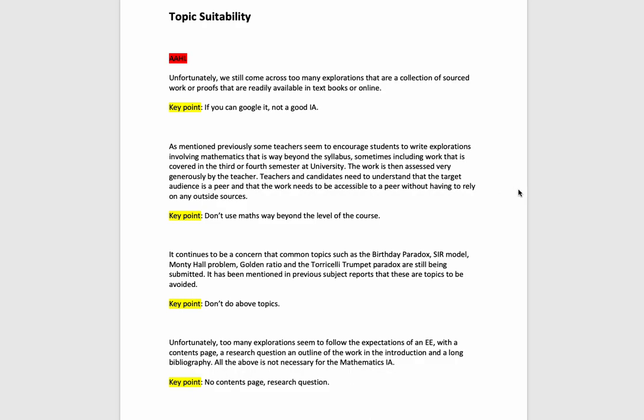Things like, for example, this one, it's talking about mainly HL students doing really difficult maths that they don't need to do. Although I guess that's also appropriate for SL. So it's in these headings because that's somewhat useful, but remember, all of these key points are important for all the IAs. So I've started with topic suitability, and then I move into by criteria.